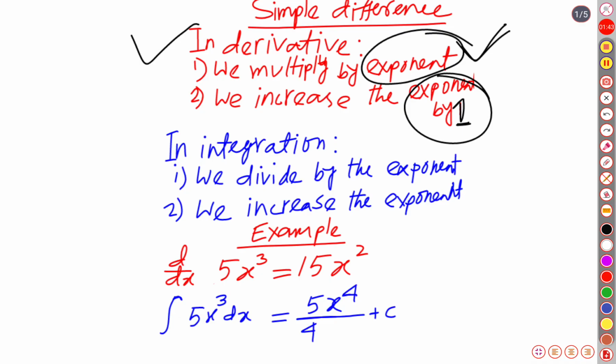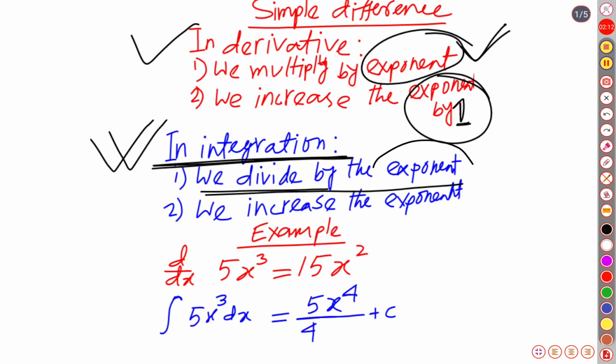In case of integration, for your kind information, integration is actually anti-derivative. That means it is opposite to differentiation. So the opposite concept is applied. In the derivative we did multiplication, whereas for integration we will divide by the exponent.